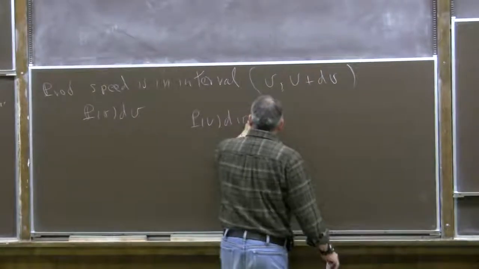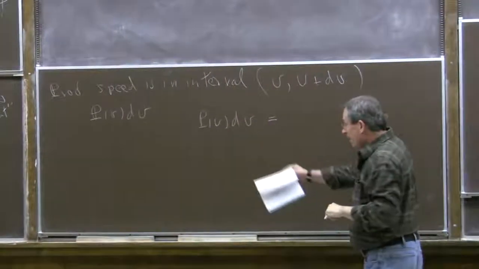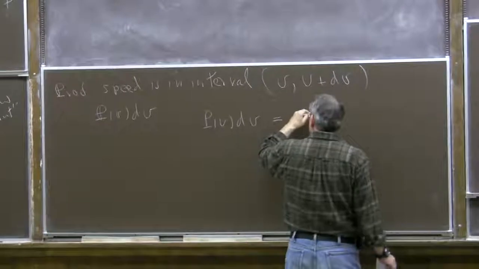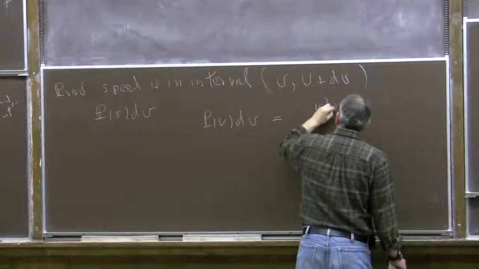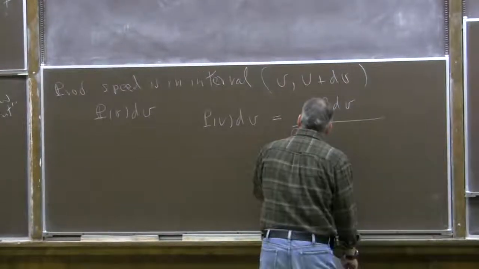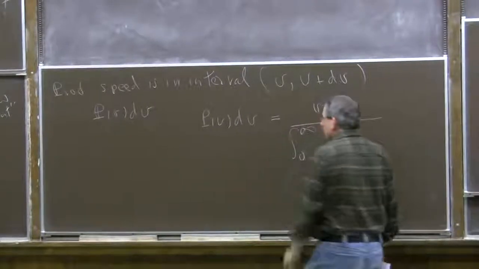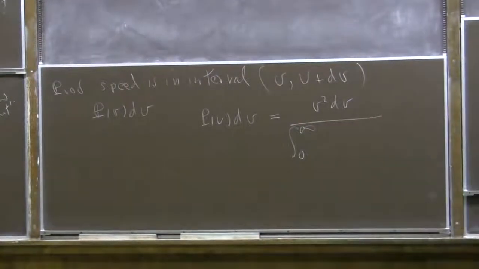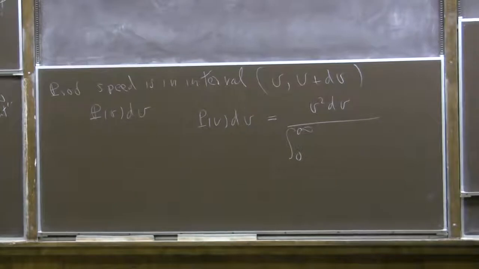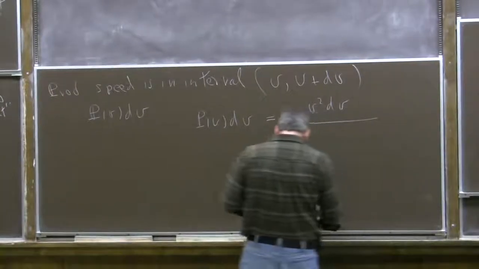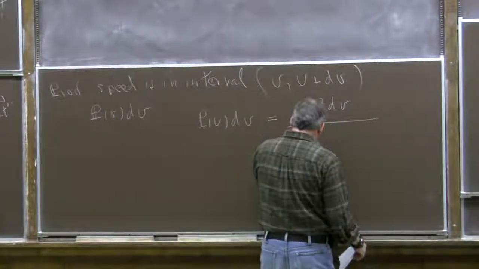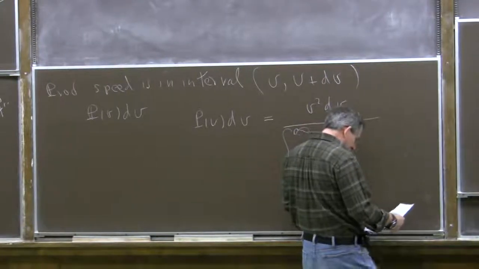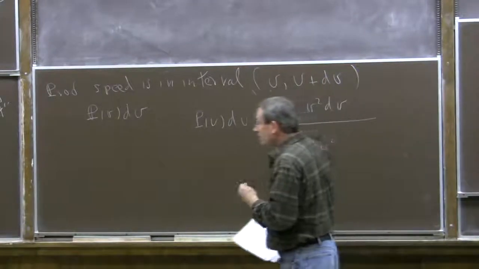p of v dv is this v squared dv divided by a normalization factor, chosen so that when I integrate p of v dv over all speeds, I get 1. So the denominator is the integral of v squared, and then the Boltzmann factor.